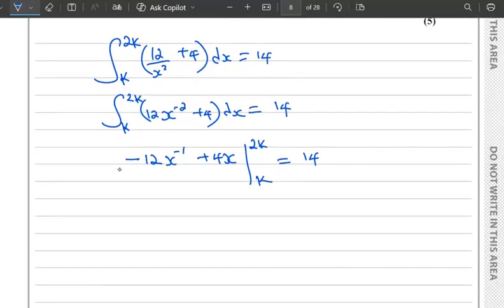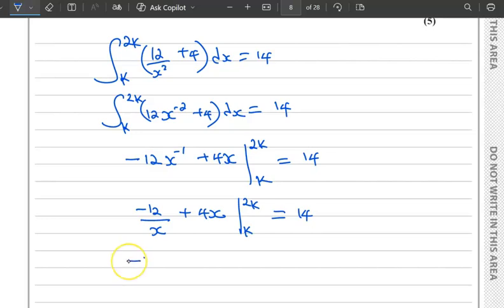And remember, we can still write this as negative 12 over x plus 4x from k to 2k equals 14. The second part will be substituting x with 2k first, then subtracting when x equals k.